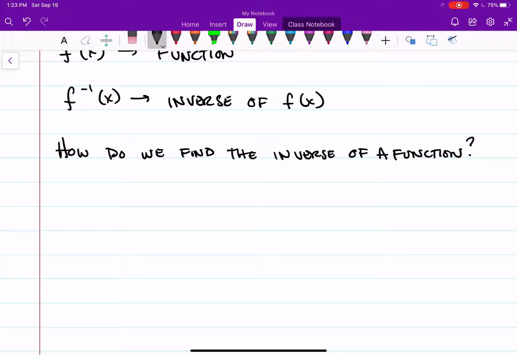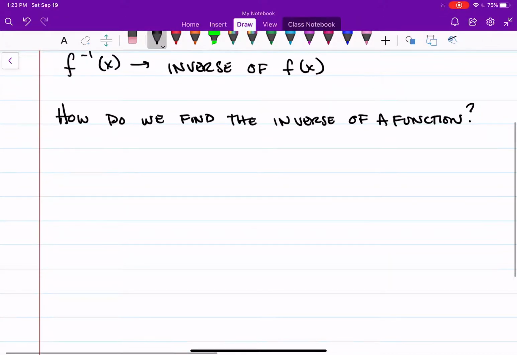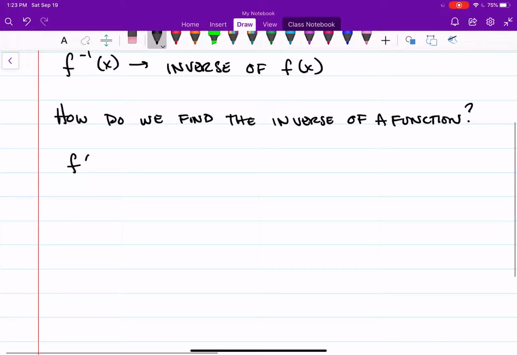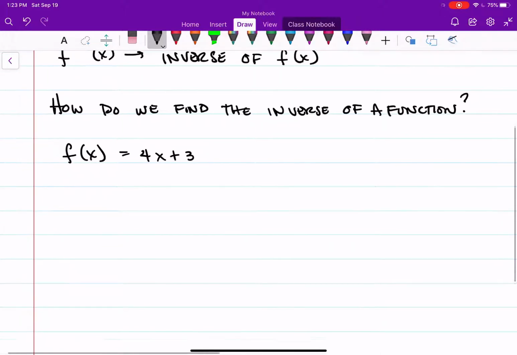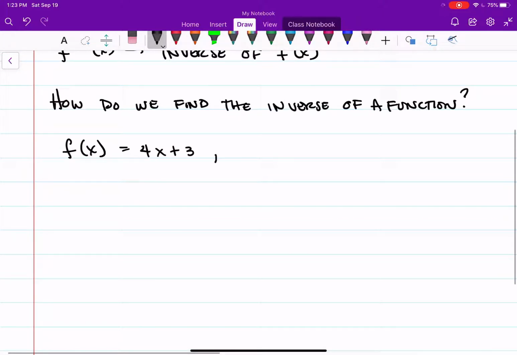Okay, good question. So let's take, for example, they give you f of x is equal to 4x plus 3, okay? And they want you to find f negative 1 of x, okay? So, in other words, find the inverse.